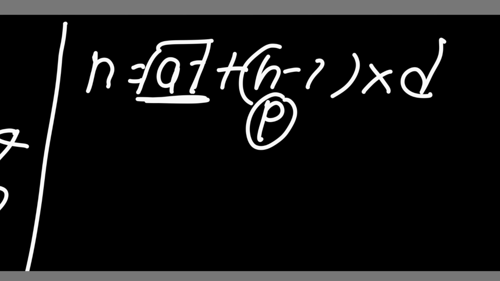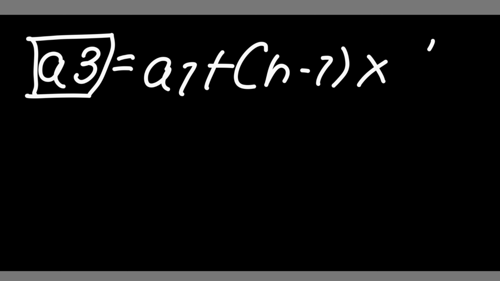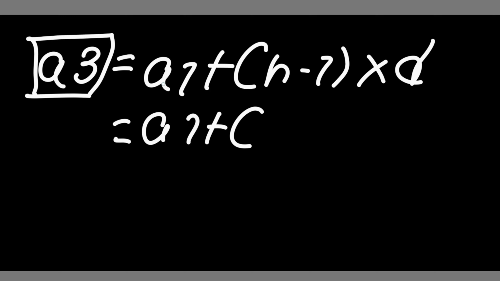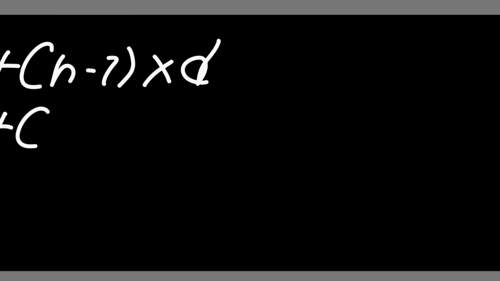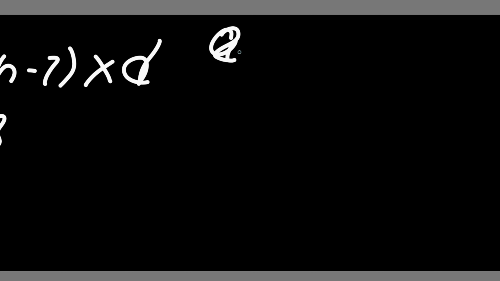To prove that, let's say the unknown number was in third order, and we are set to find the third order number. So a1 plus (n minus 1) multiplied by the difference, which will give us a1 plus (3 minus 1) multiplied by d.